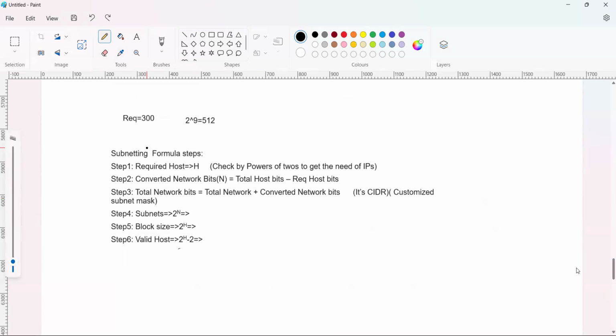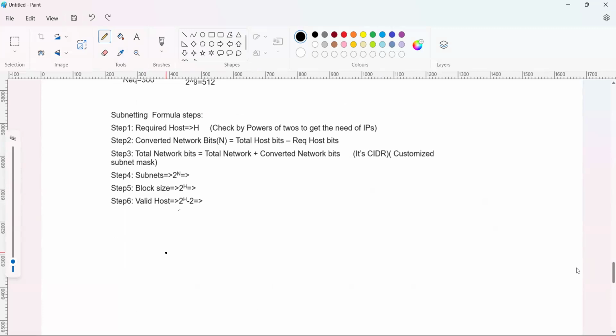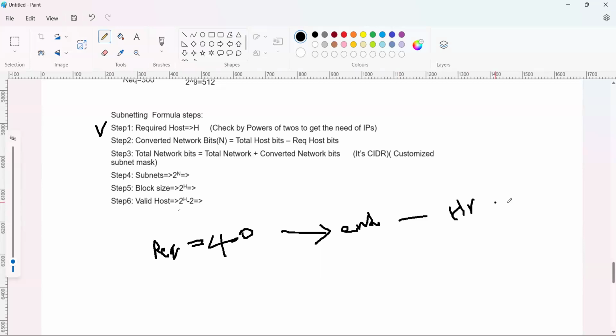Basically, the requirement is 40. In step one, how many host bits are required? Hosts means end users. How many end users are available? Say one HR department is there. How many employees are working in the HR department?